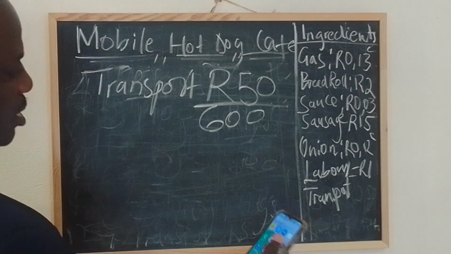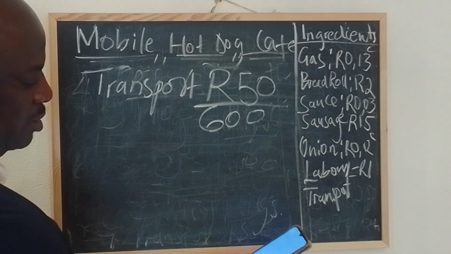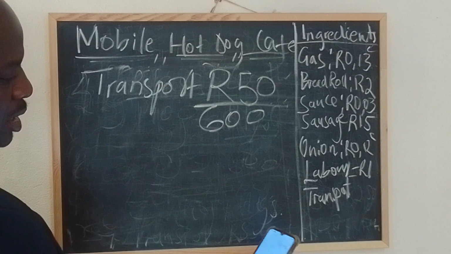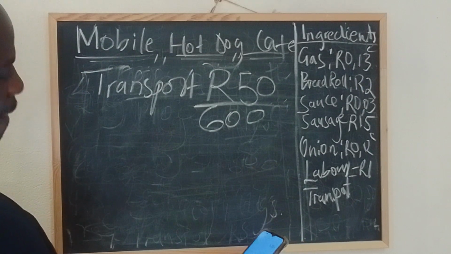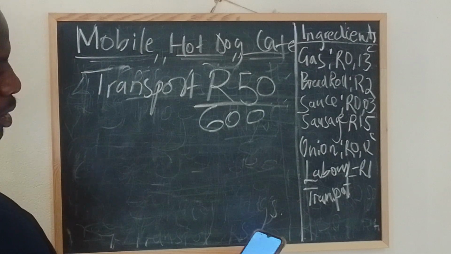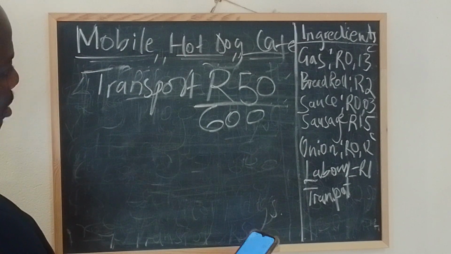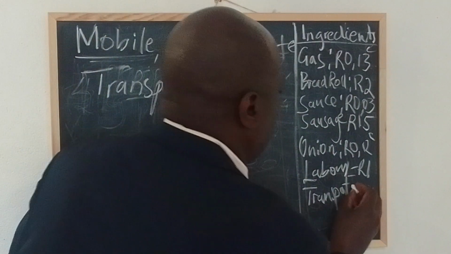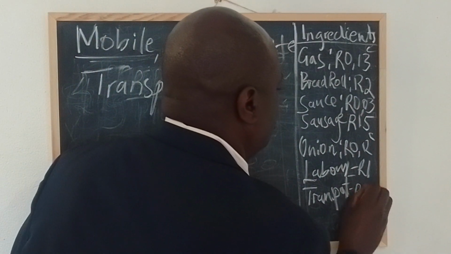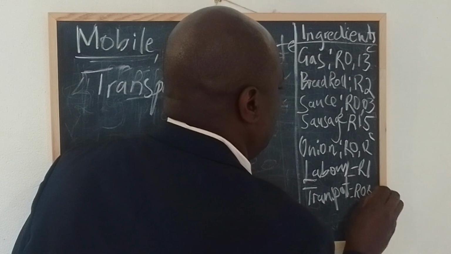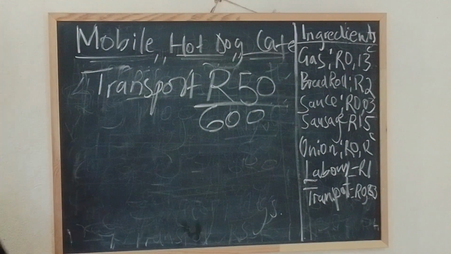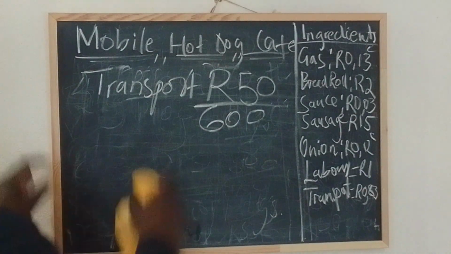So let's do the calculation. It's actually 50 divided by 600, 83 cents. The transport cost for each hot dog is 83 cents.